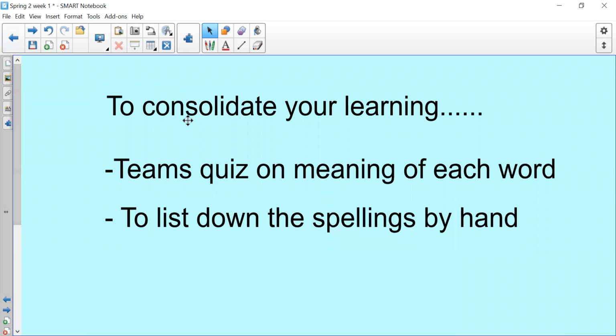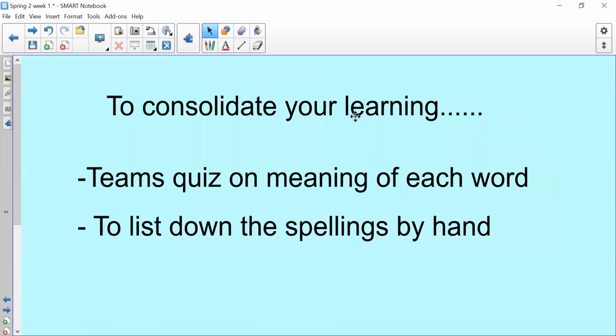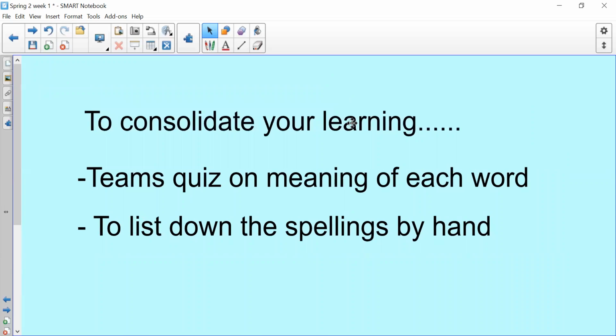Okay, so to consolidate your learning today, I'm going to be taking a Teams quiz on the meaning of each word, just to tell us which words you understand and which ones you still need a little bit of help with, and to make sure you've listened to this presentation today. At the end of the Teams quiz, there is also challenge questions.